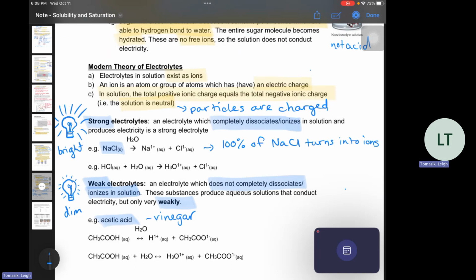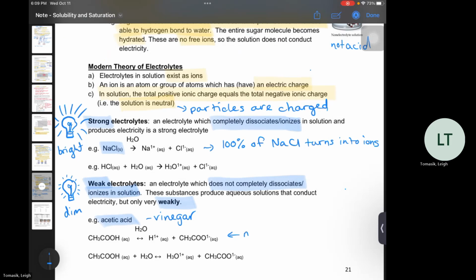Because pickles are made with vinegar, the pickle is mostly acetic acid, and you can get the light bulb to glow, but pretty dimly, right? Vinegar is an acid that not 100% becomes ions. Most of it stays like this.